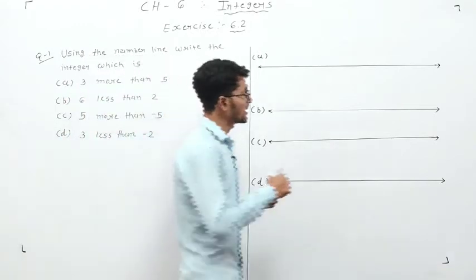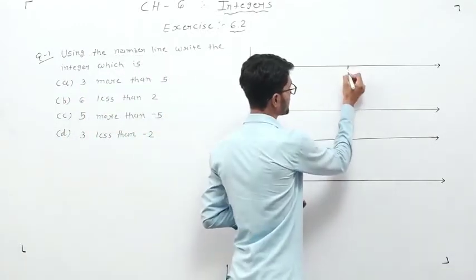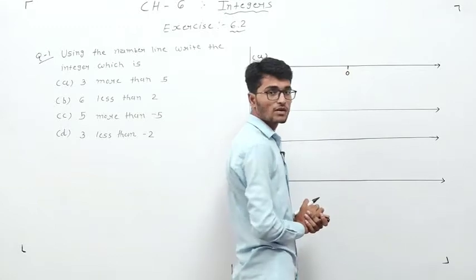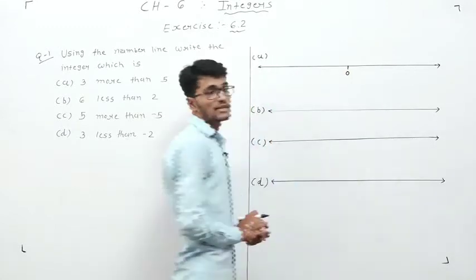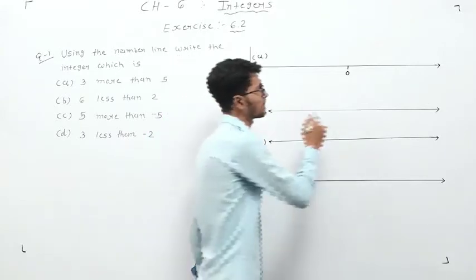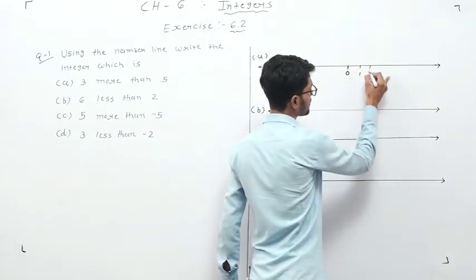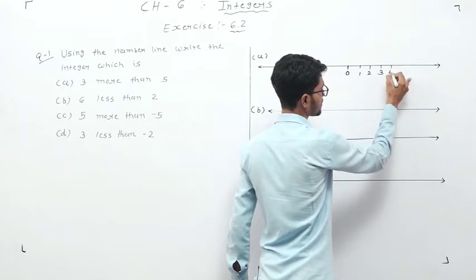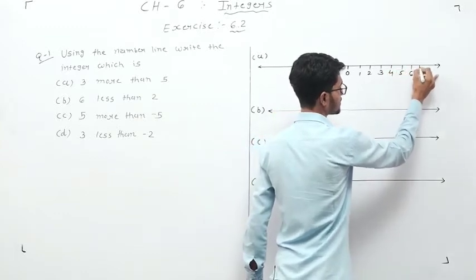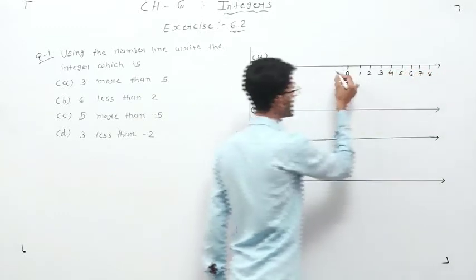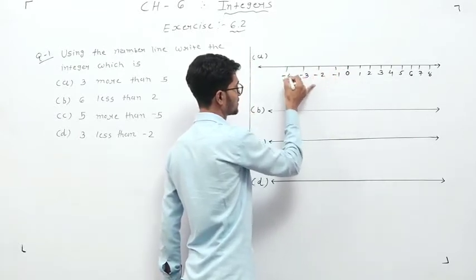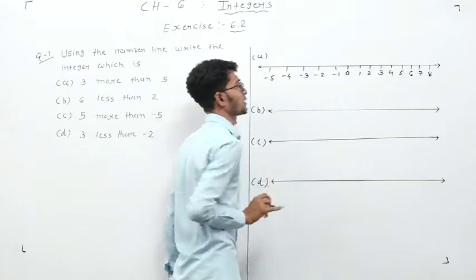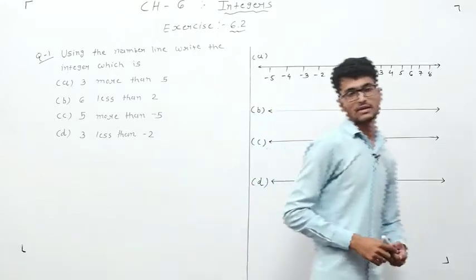We all know that on any number line, from 0, the right hand side has all positive numbers and the left hand side has all negative numbers. I write 1, 2, 3, 4, 5, 6, 7, 8, and on this side minus 1, minus 2, minus 3, minus 4, minus 5. So this is our number line.